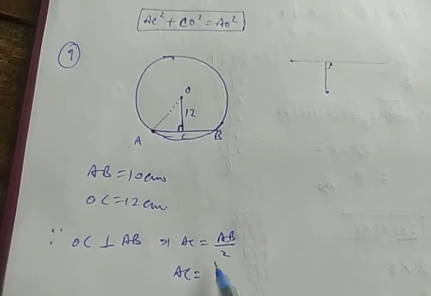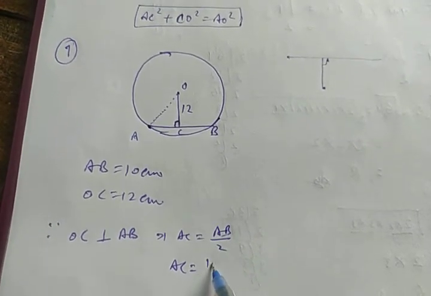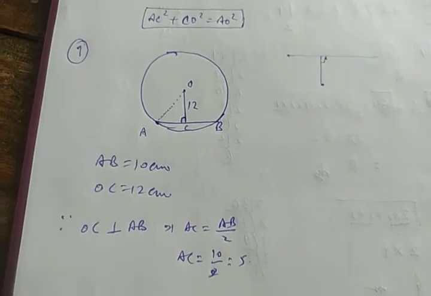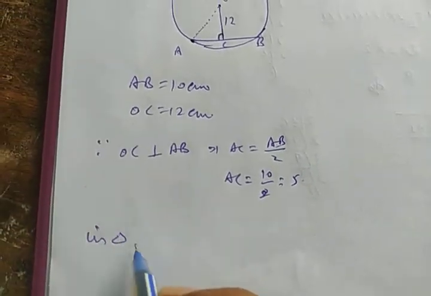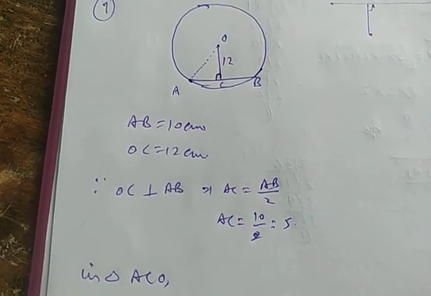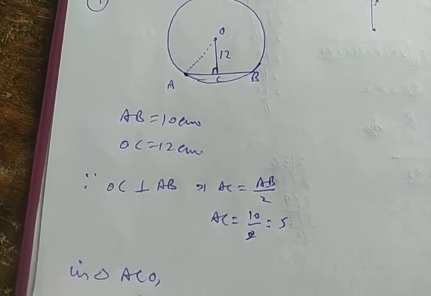AC is equal to AB upon 2 means 10 upon 2, that is 5 centimeter. Now in triangle ACO, AC square plus CO square is equal to AO square.